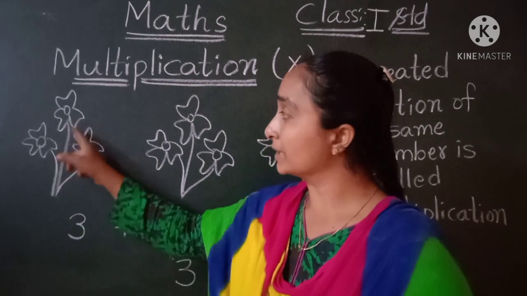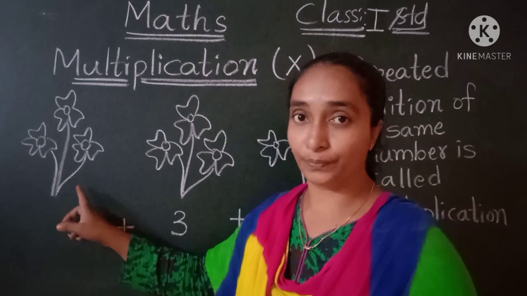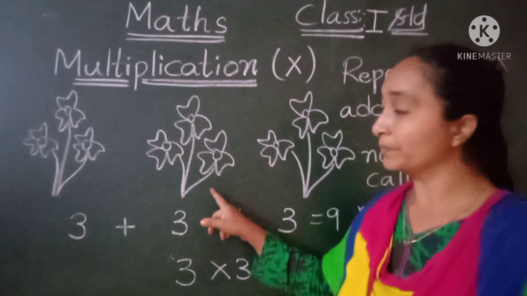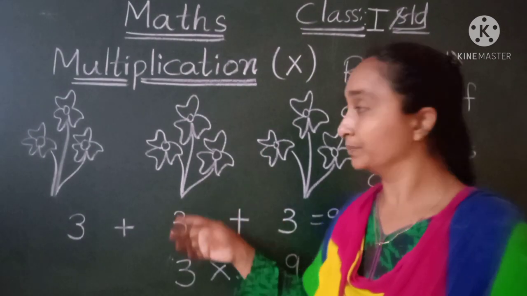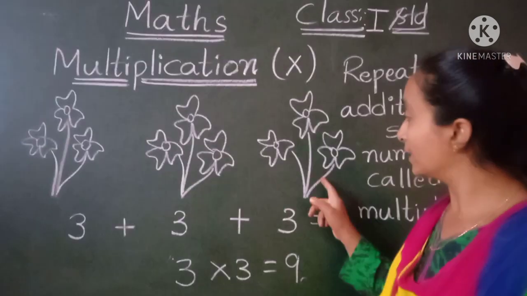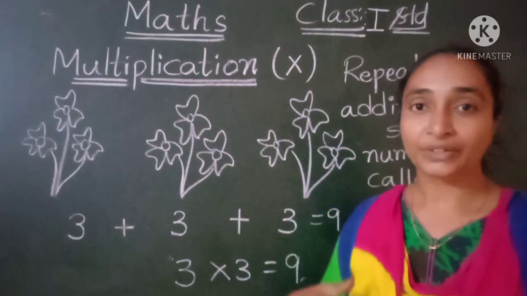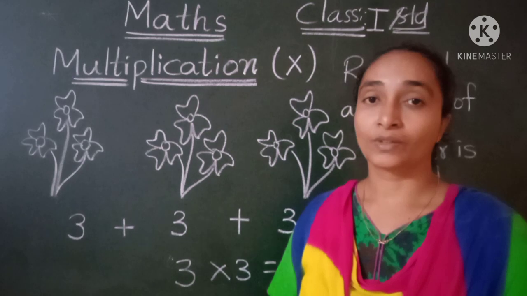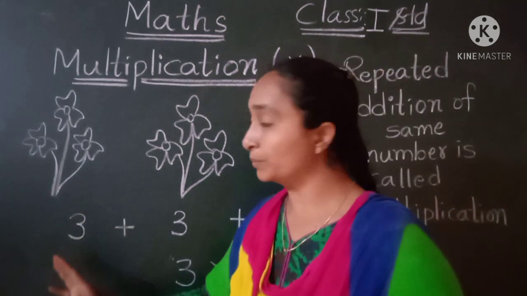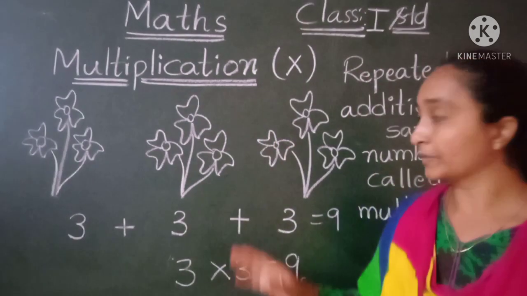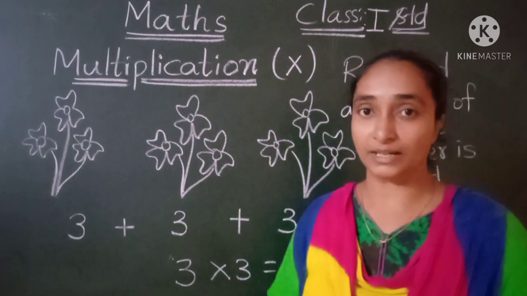Here is one group, another group, the second group, and another group. How many groups are there, children? 3 groups are there. So here is the first group, the second group and the third group. 3 groups of flowers are there.